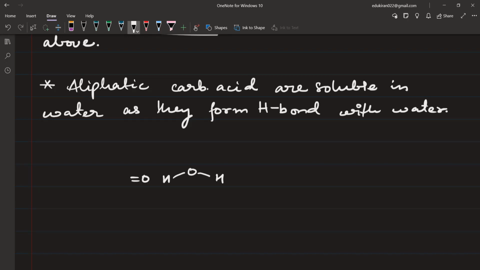You can have the carboxylic acid, C double bond O OH and then R group. Oxygen can form a hydrogen bond with H of water. This hydrogen can also form a hydrogen bond with the oxygen of another carboxylic acid, C double bond O, OH and R group. So all three atoms in water are associated through hydrogen bonds with carboxylic acid.